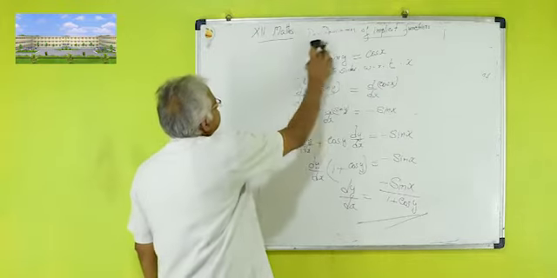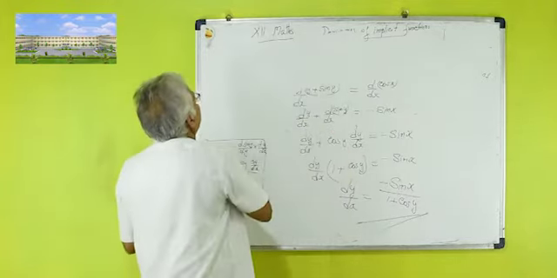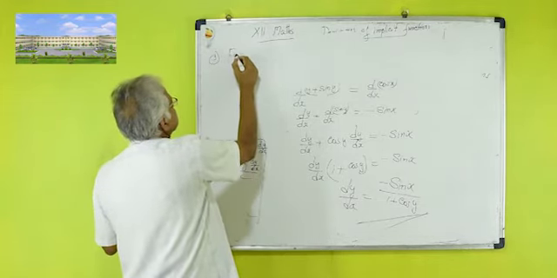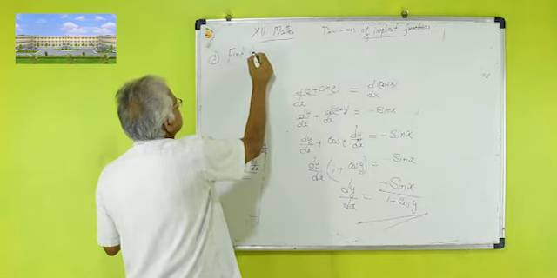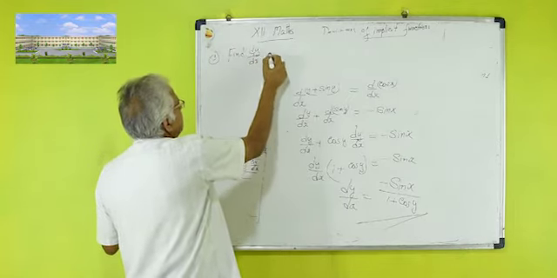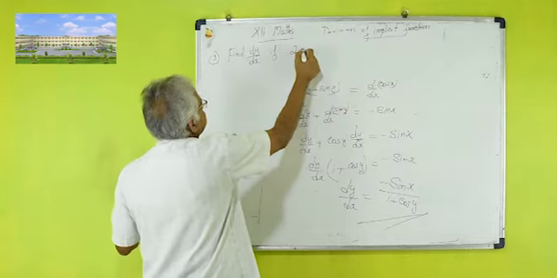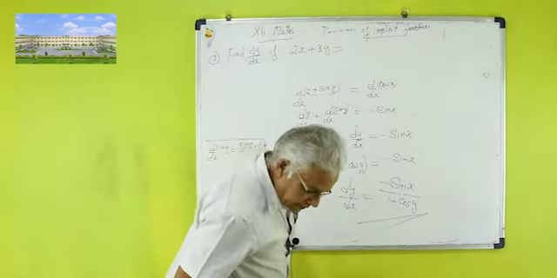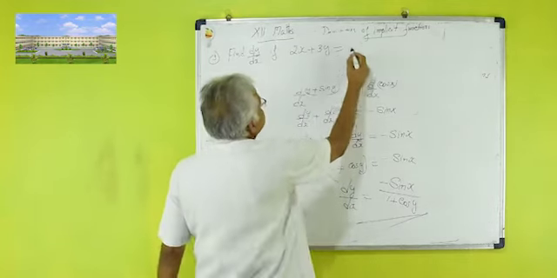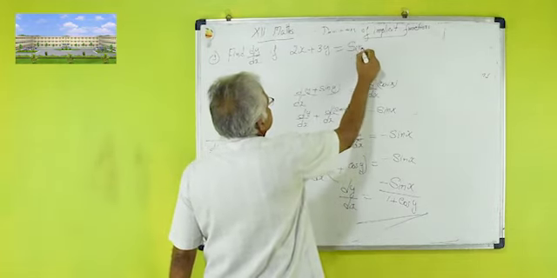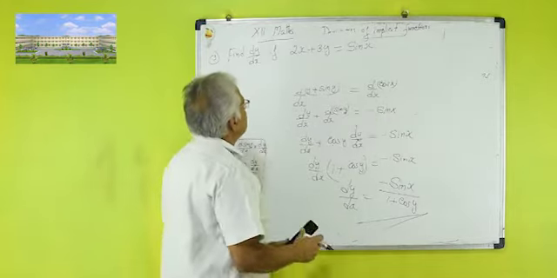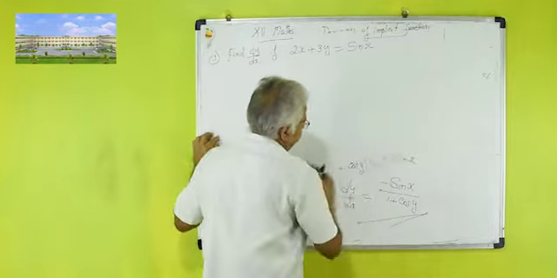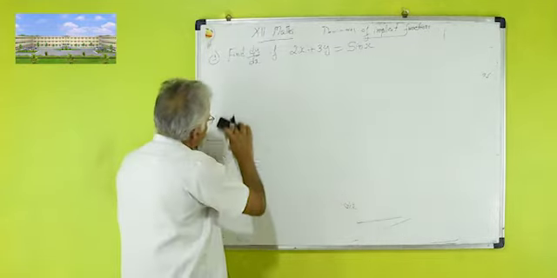Third question: find dy by dx if 2x plus 3y is equal to sin x. 2x plus 3y is equal to sin x. This is an implicit function.